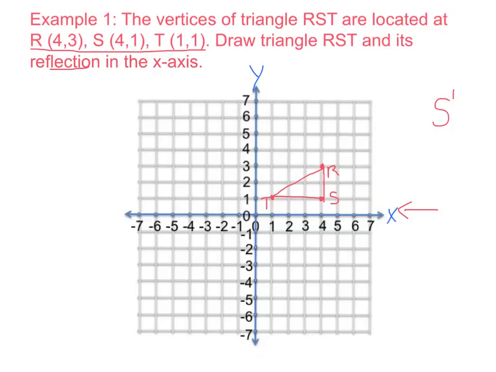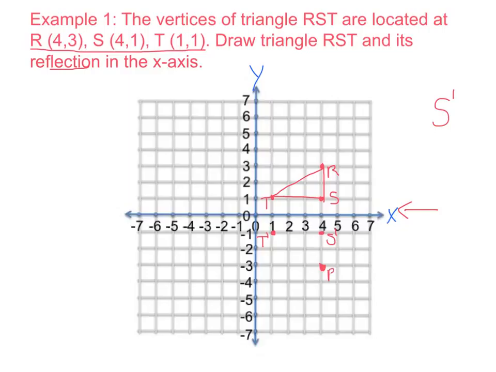Okay, let's get back to reflecting this. Since S is at 4 and up 1, we're going to go 4 and down 1. So this will be S prime. Now, T, it's over 1 and up 1, so now we're going to go over 1 and down 1, and that's going to become our T prime. R prime, we go over 4 and we go down 3. 1, 2, 3.